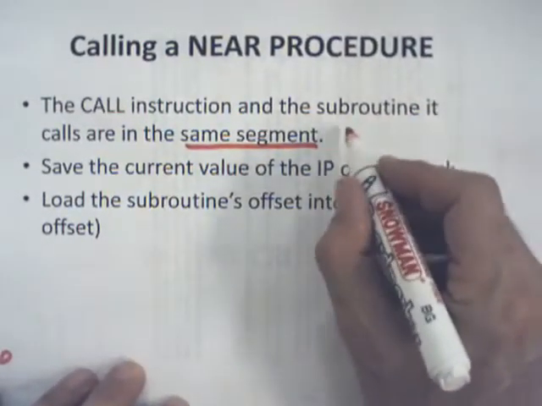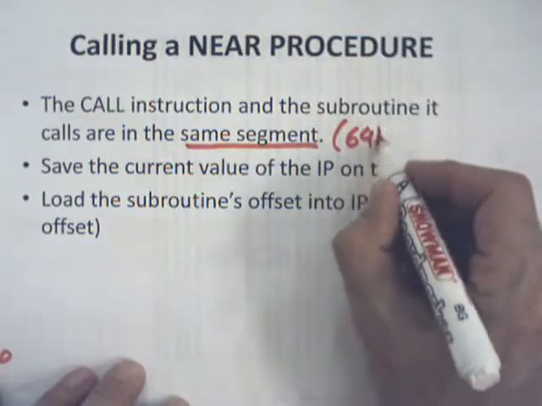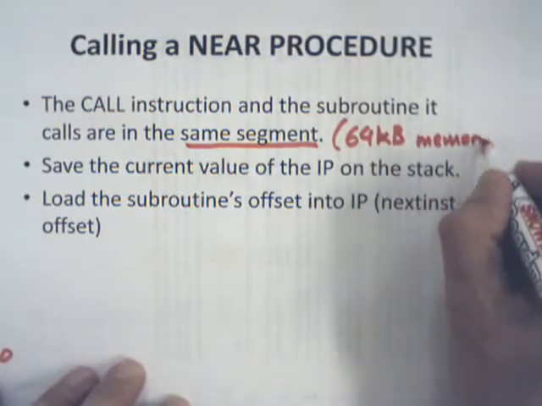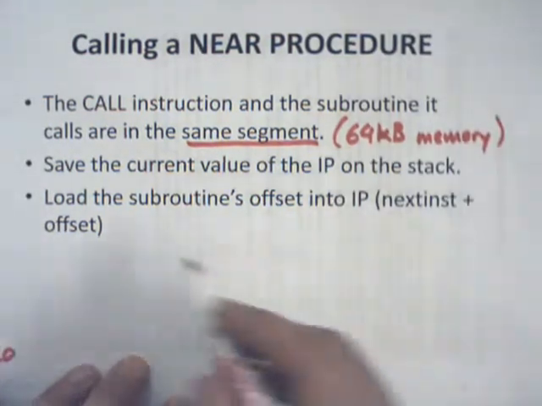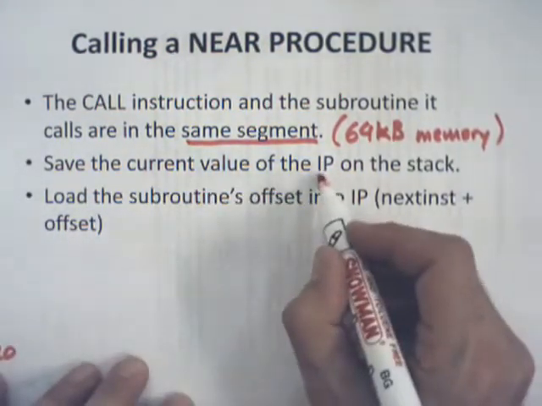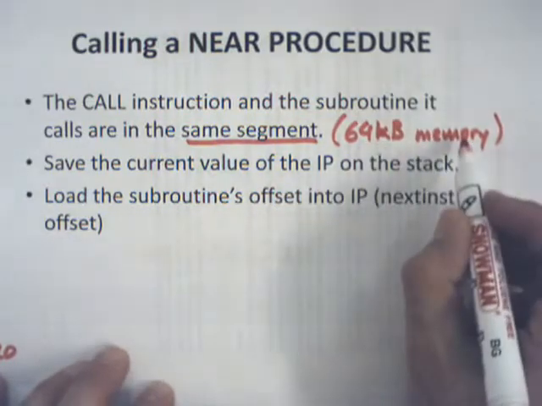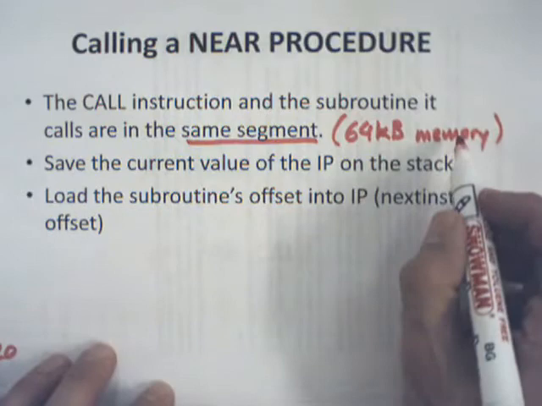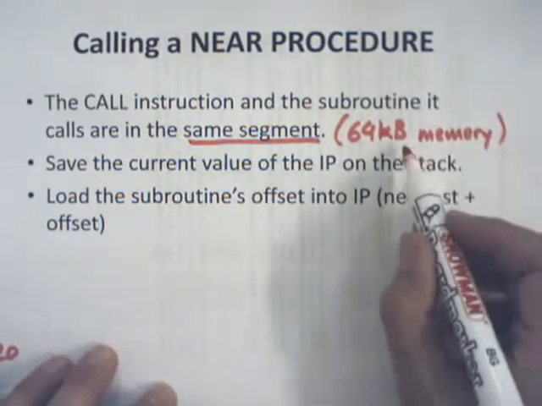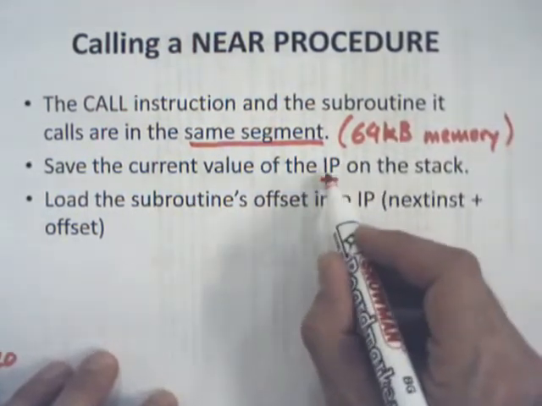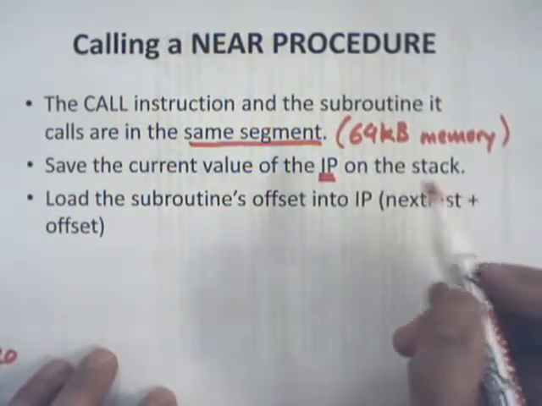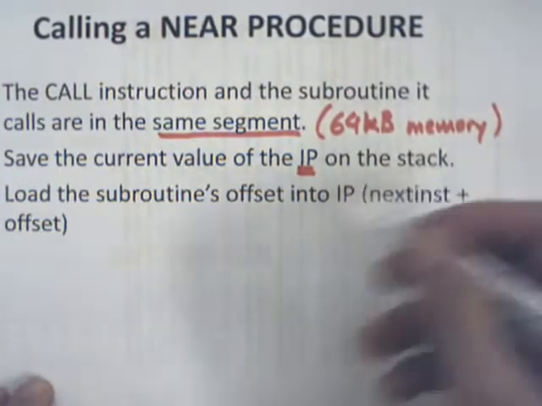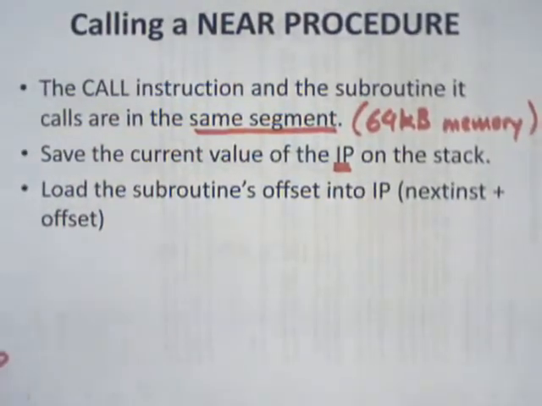So their addresses are within 64 kilobyte memory space. Then it saves only the current value of the IP. Since they're in the same segment, there's no need to change or store the value of the segment register. So we only change the offset register, which is the instruction pointer, on the stack. Then the subroutine's offset value goes in the IP for the next instruction.